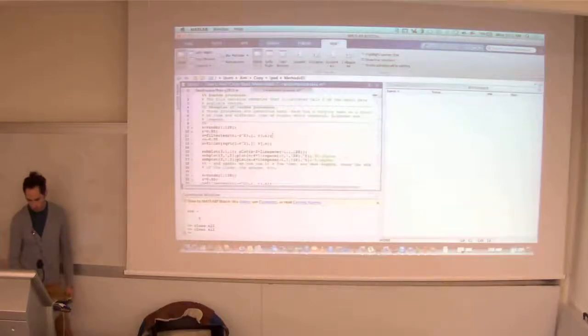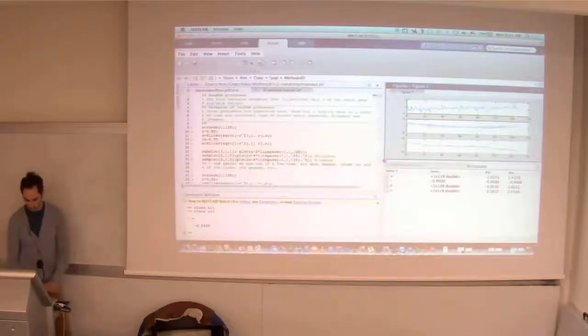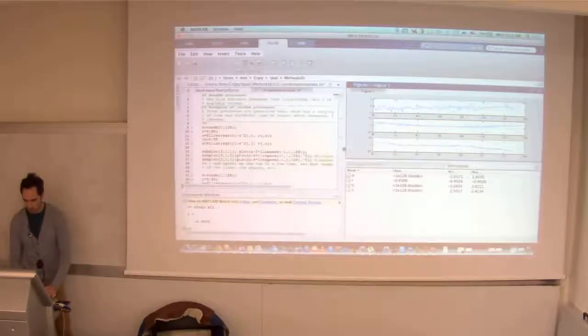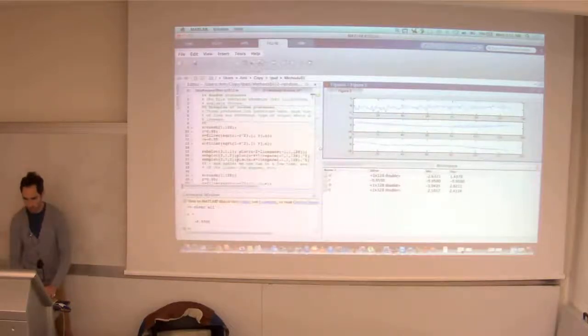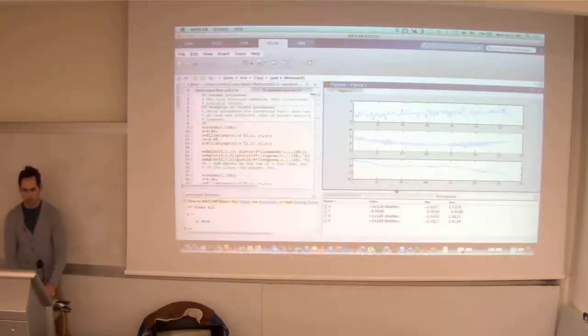So I'm going to generate some processes, okay, 3 processes that look like this. Those of you who read the code can see that I'm using a random function here with some distribution.